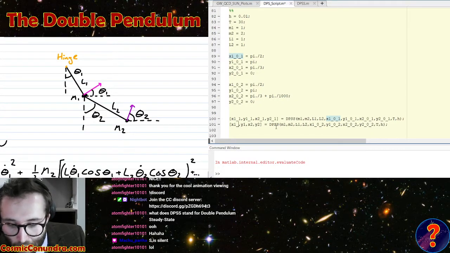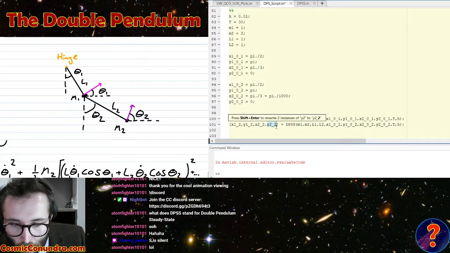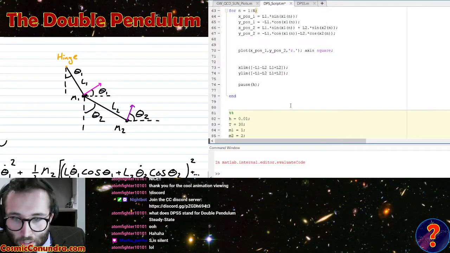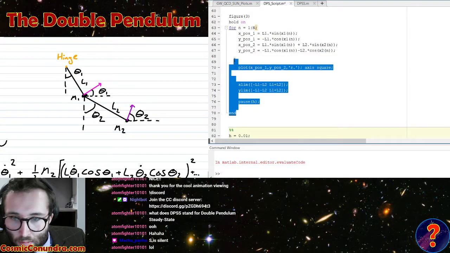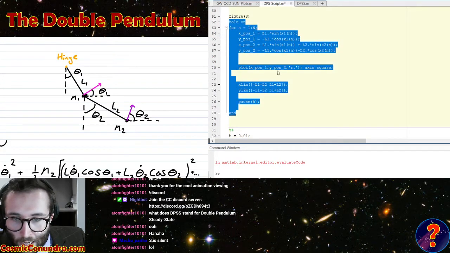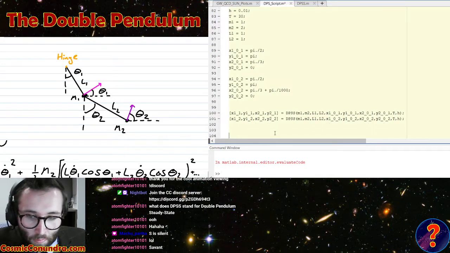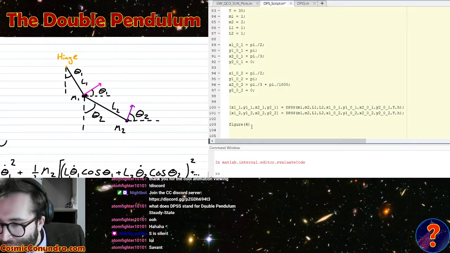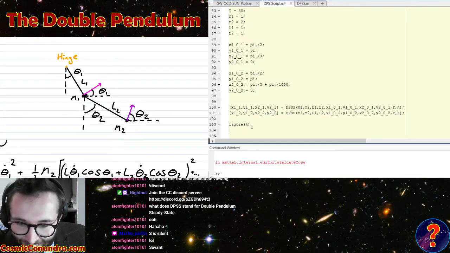This second line here is solving for the second set of initial conditions. And what I'm going to do then is steal my code from up here, and plot both of these paths that are traced out on top of one another. Okay. The S is for savant.